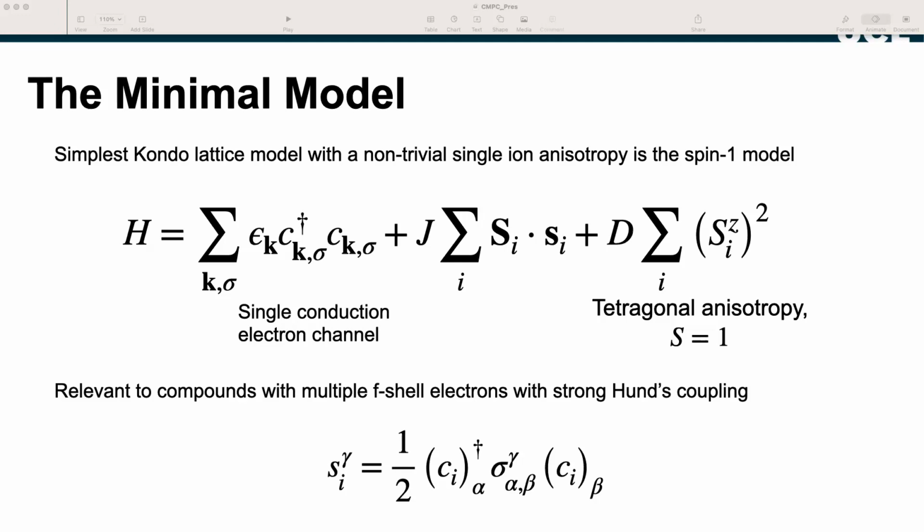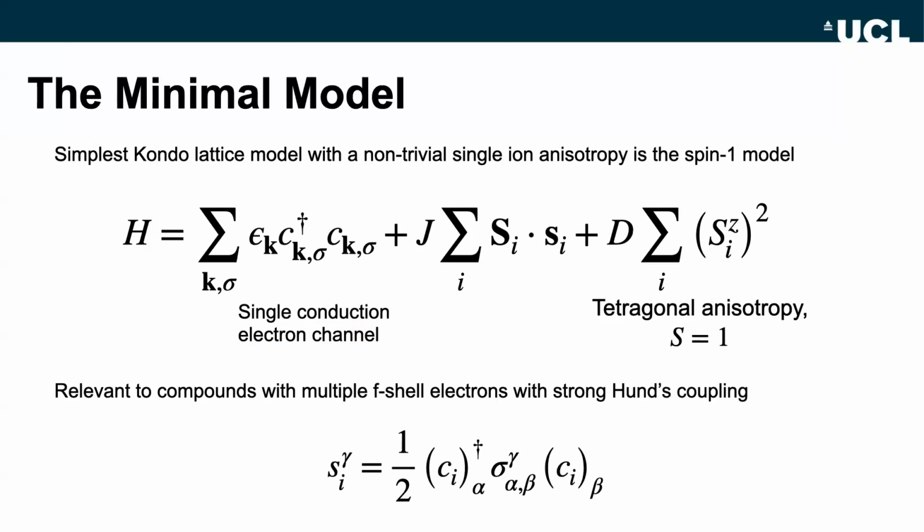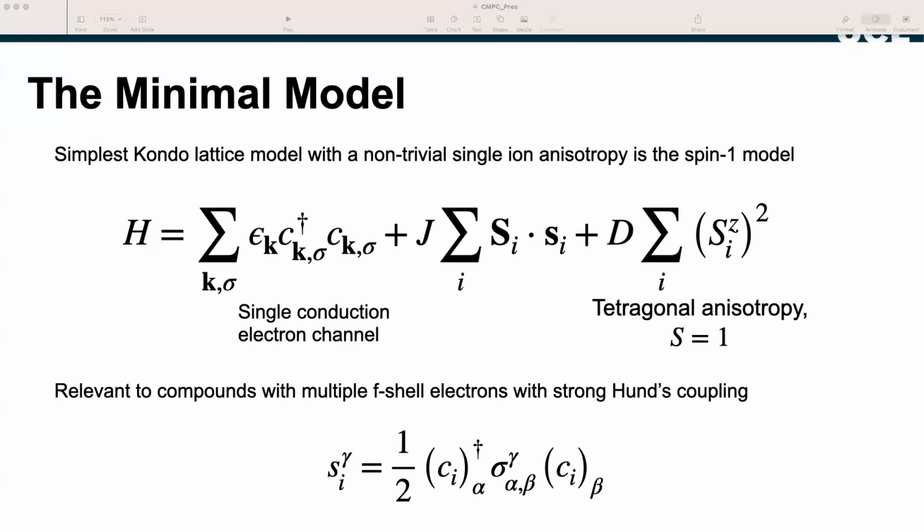This is relevant to many compounds with multiple, or I guess two in this particular case, F-shell electrons with strong Hund's coupling. And then you can fermionize the conduction electrons using this expression where the c's are spinors.